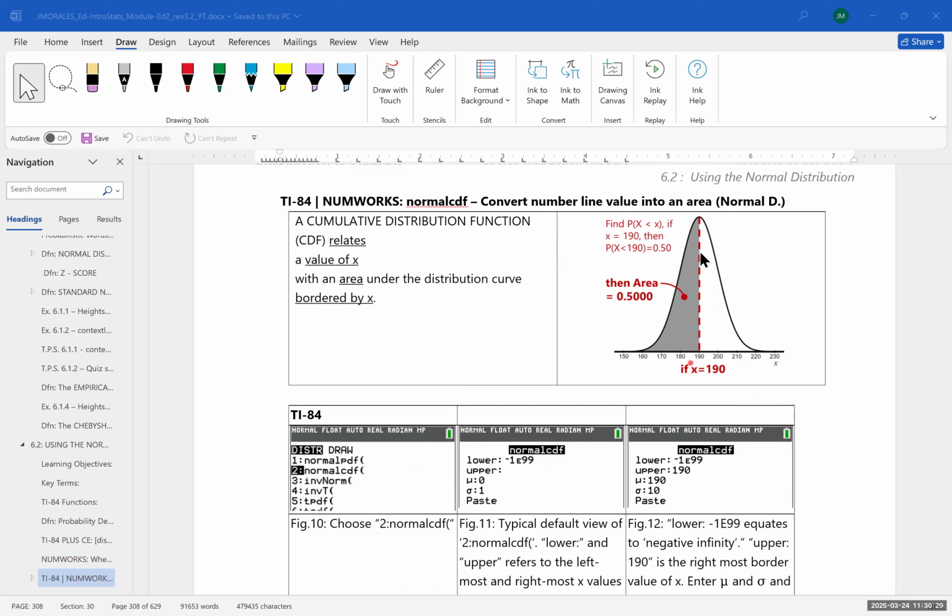So if we put in this normal distribution curve a value of x of 190, it will give us the area adjacent to it. And because the center of the distribution curve is the mean, and the mean was 190, we would expect the area to be 50% or half, because the total area under the curve is 1 or 100%.